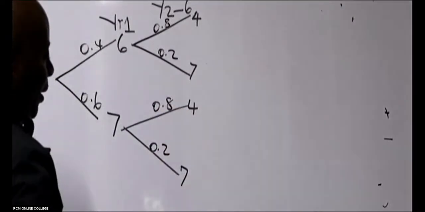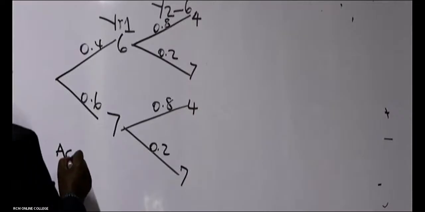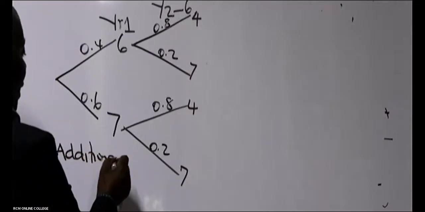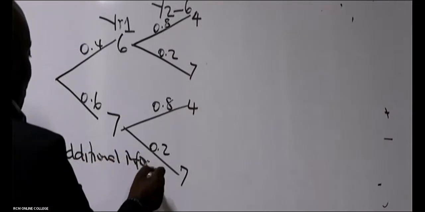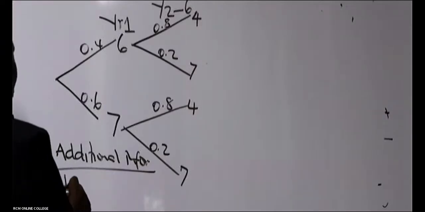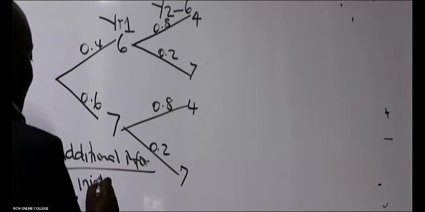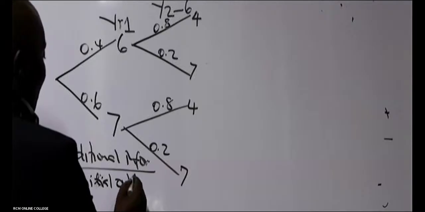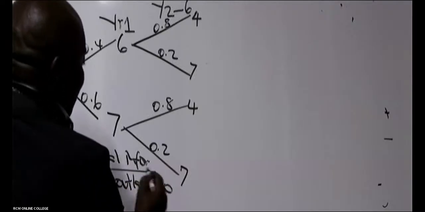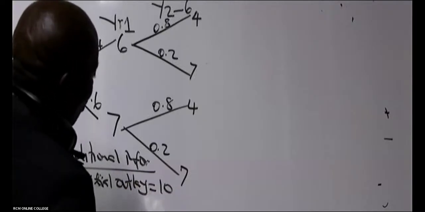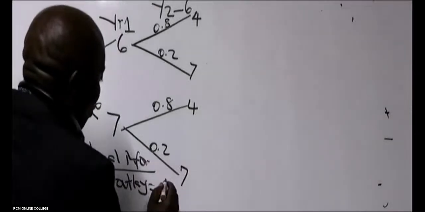All right. And then you are given additional information. Number 1, you are told the initial outlay is 10, but that's quite low. Let's talk of an initial outlay of 25.